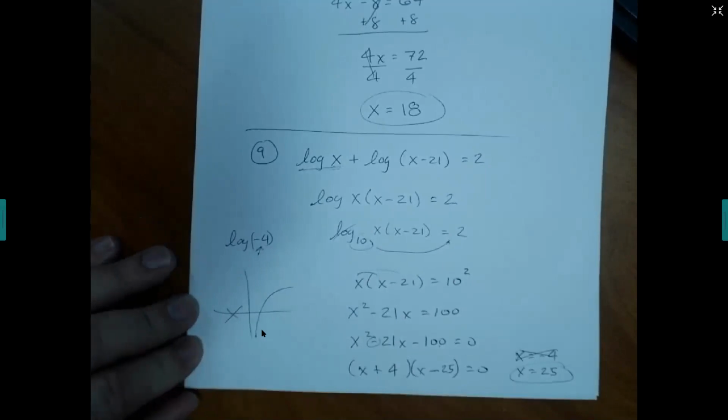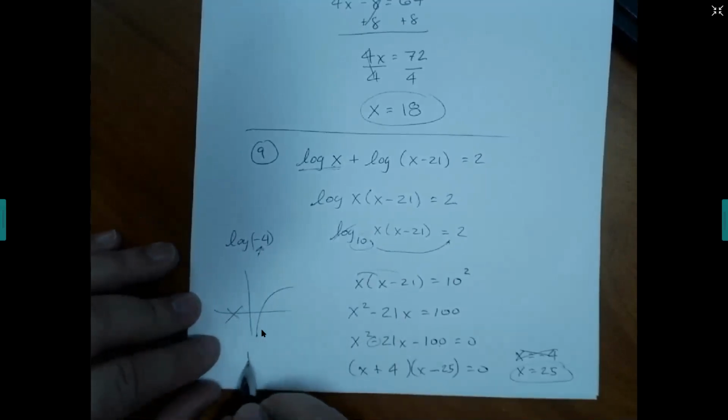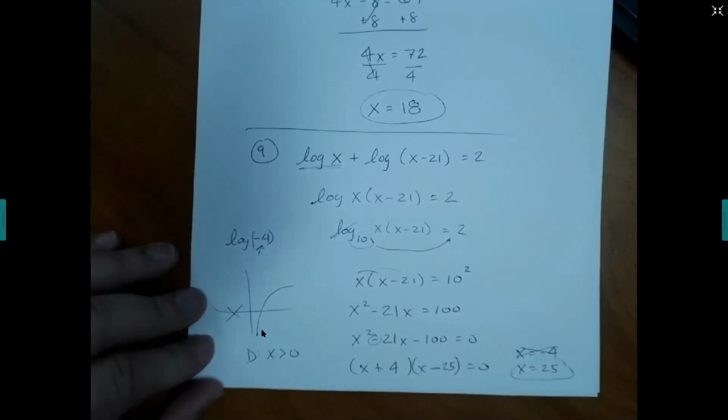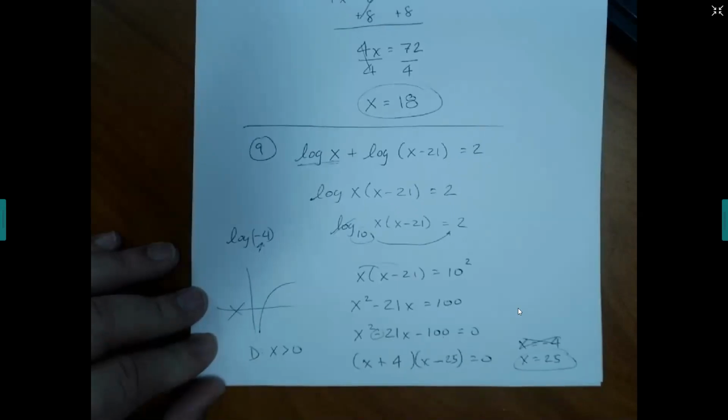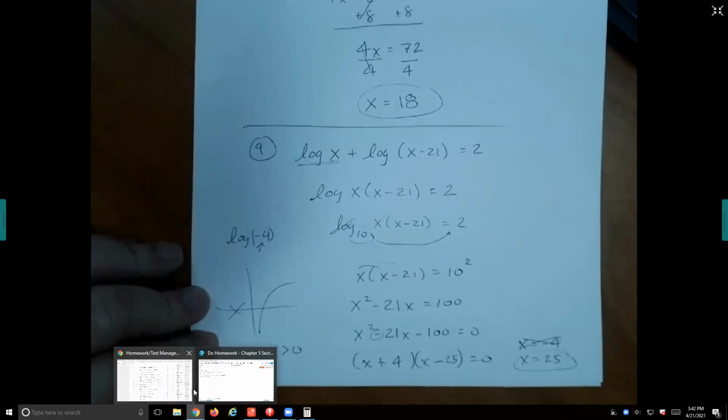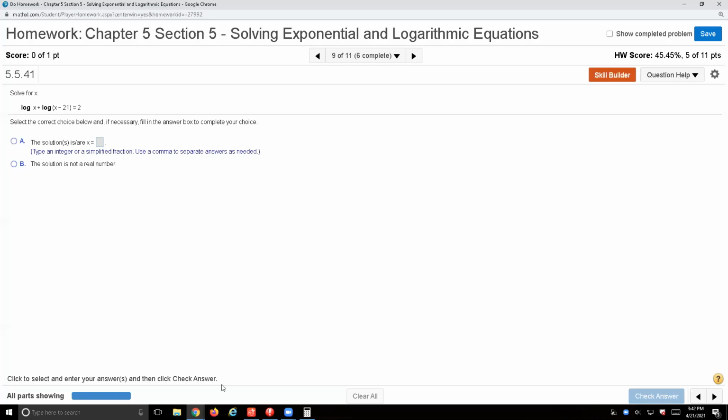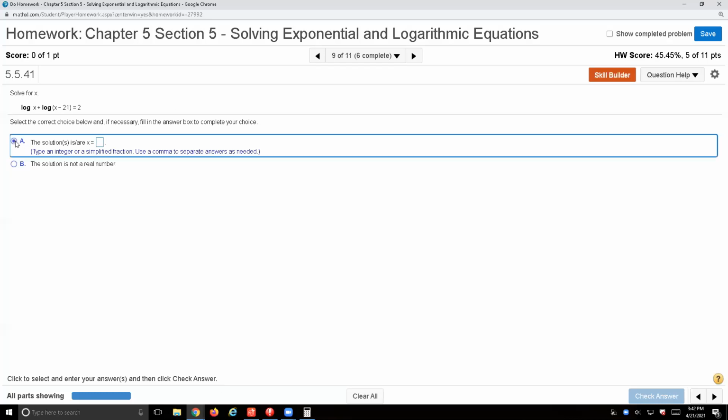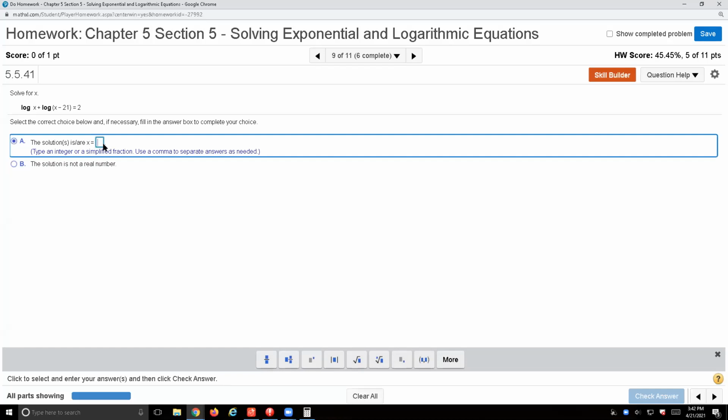Our domain is x is greater than 0. Thanks. You're welcome. That's a very good question, because we've had negatives before. Why can't we do that? But that's the reason, because it was our input that time.